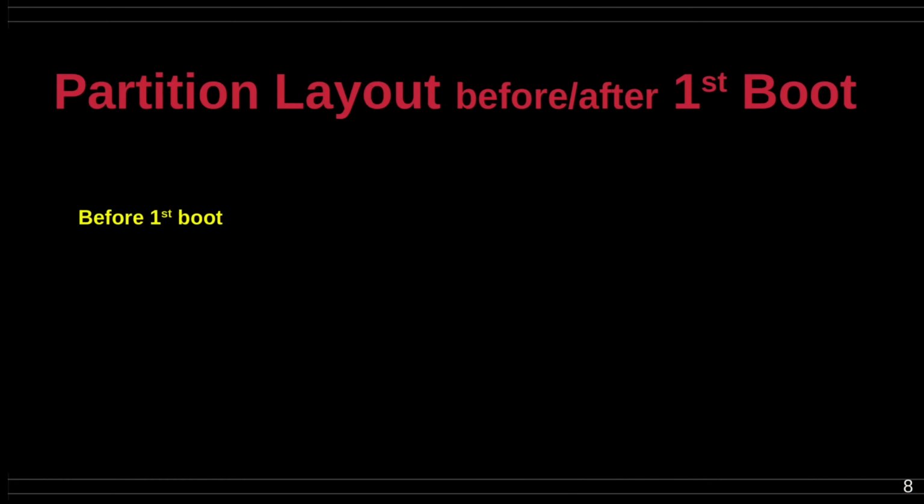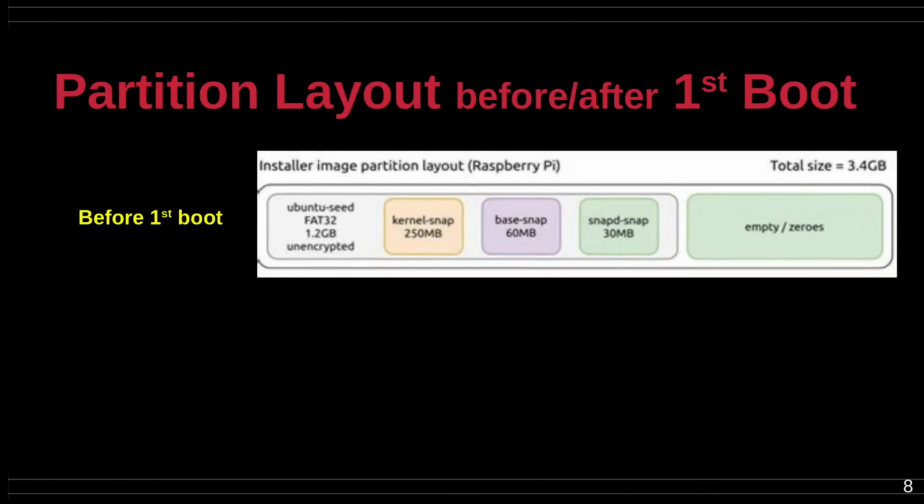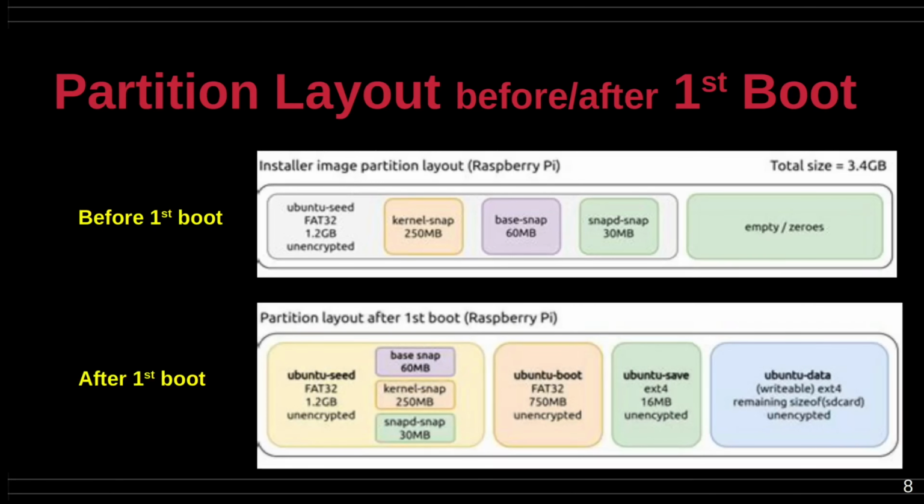In order to understand the difference between conventional partitions and Ubuntu Core partitions on the boot disk, let us quickly review the before and after snapshots of the primary partition in the micro SD card.